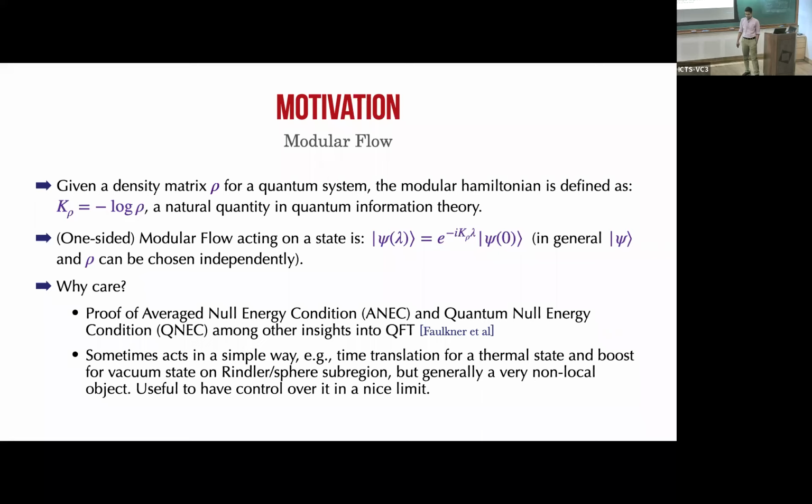Yeah, I guess one situation where you could think about it is if you started with the vacuum of some Hamiltonian, or the thermal state of some Hamiltonian, and then evolved with a different Hamiltonian. This is sort of a generalization of that process. So that would be some situation where you suddenly change the Hamiltonian and time translate with a different Hamiltonian, something like that. I see. Okay, thank you.